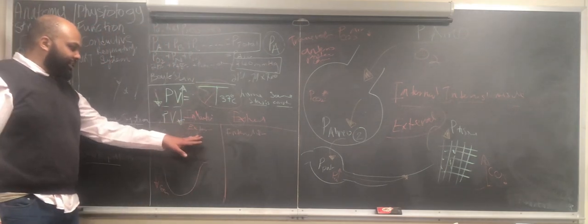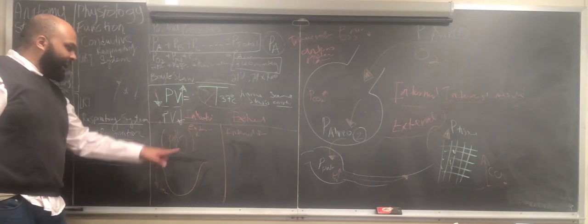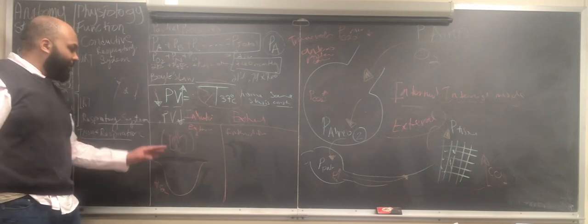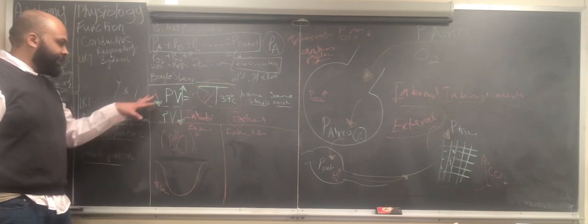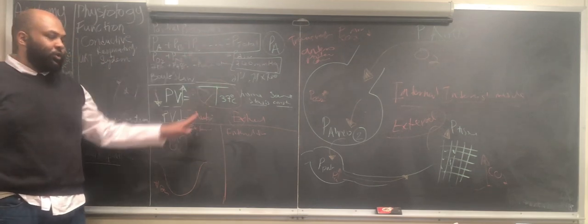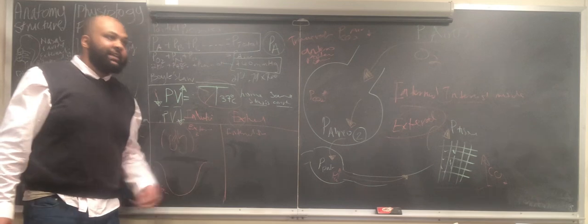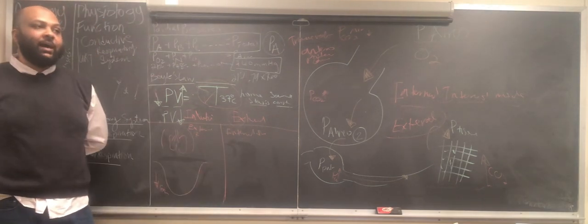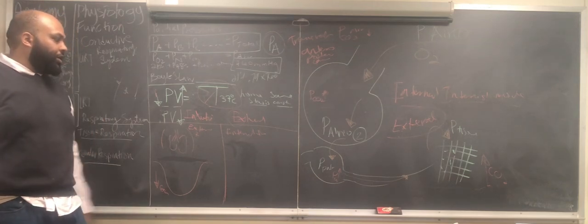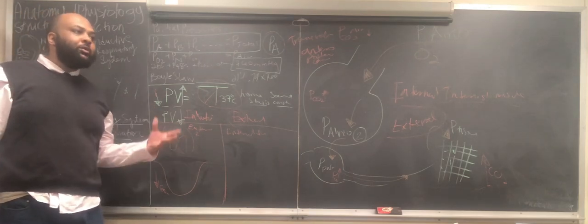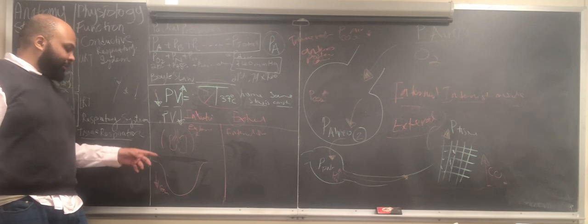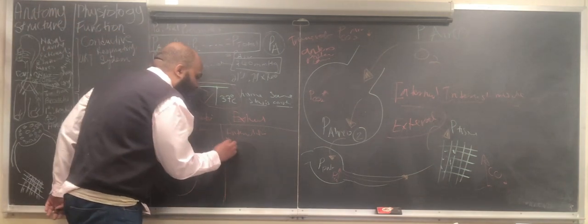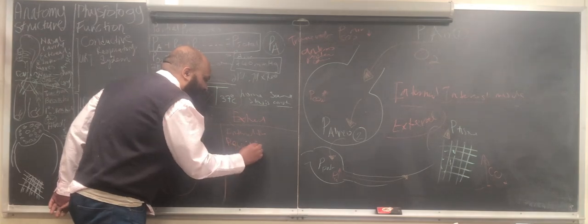So inhalation, we contract the diaphragm and the external intercostal muscles. That makes the volume big and the pressure low, and air flows in. In exhalation, and this is one of the questions they will ask you in the pre-lab, which muscles are used during normal breathing? In normal breathing, everything happens with the recoil. We have recoil elasticity.